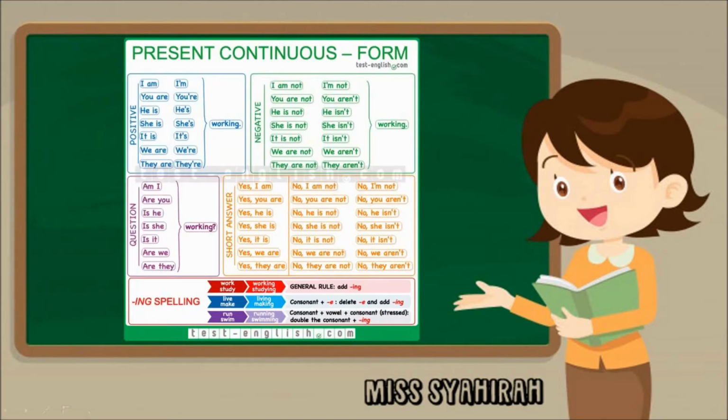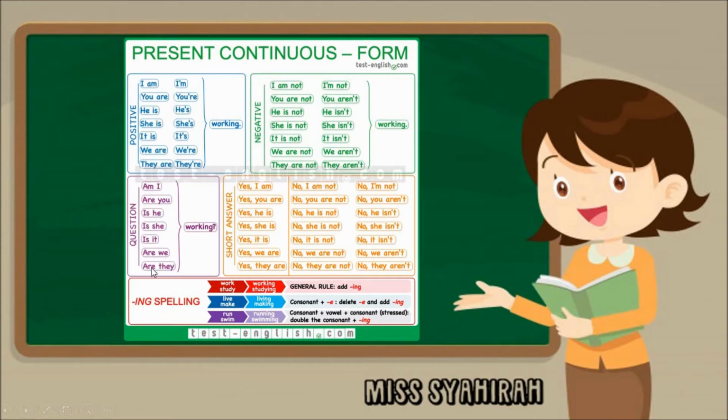Okay, so for present continuous form, you should remember: I am; you, we, they, we use are; he, she, it, we use is. Okay? And then for negative, just add not. I am not working. They are not working. Okay, for question: is she working?